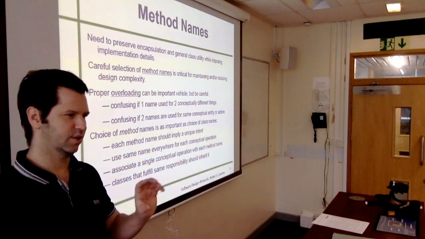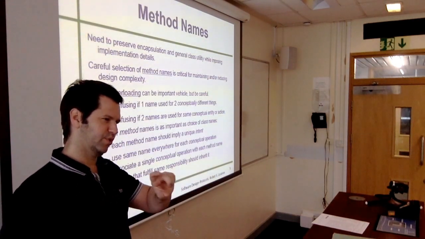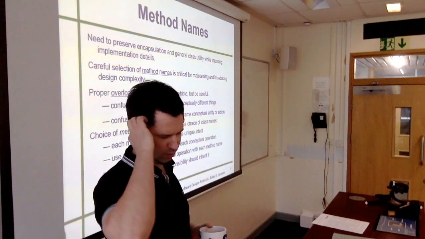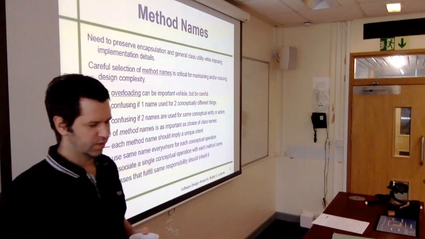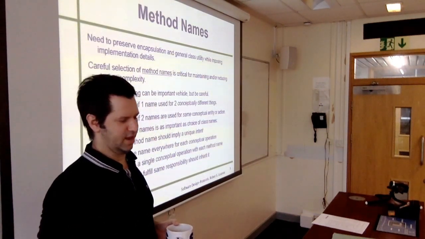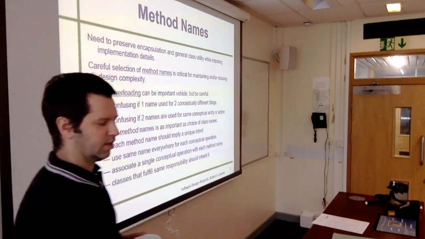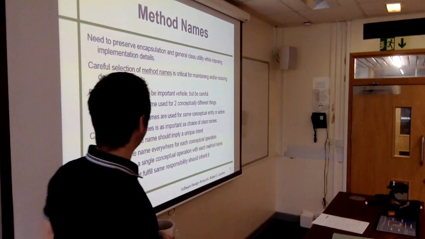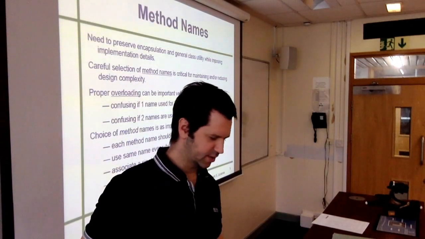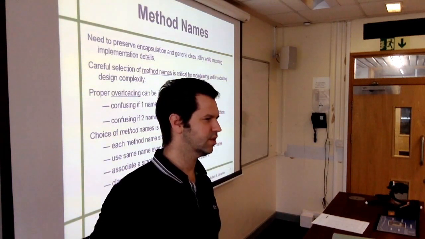That always means an object can print itself, or can print out a string representation of itself to the console, right? I'm not going to dwell on bad examples of overloading because that just might make things more confusing. So the choice of method names is as important as the choice of class names. Everybody remembers the golden rules for class names.